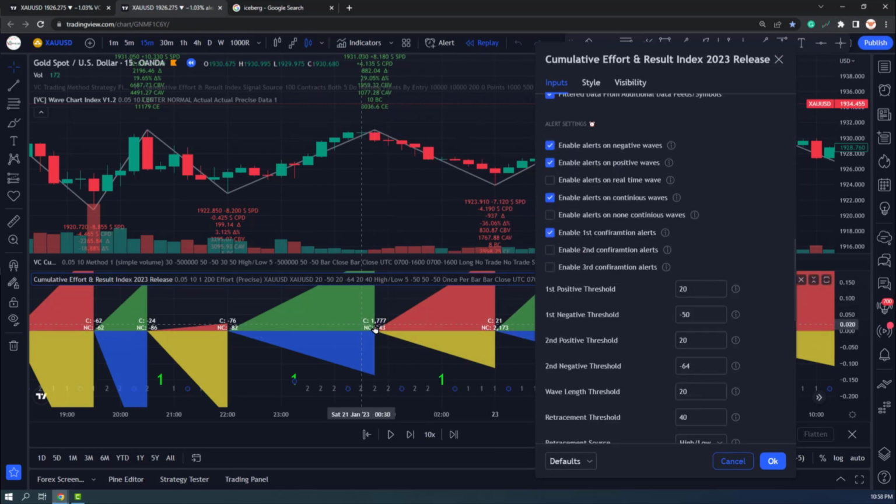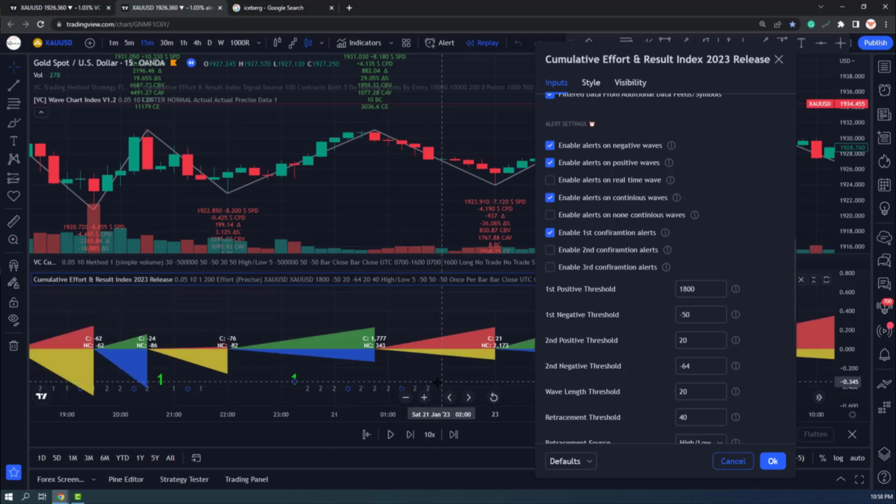This is the first continue comparison. If I put here 1800, because 1800 is more than this threshold, you will see this will vanish. You see, it just vanished.